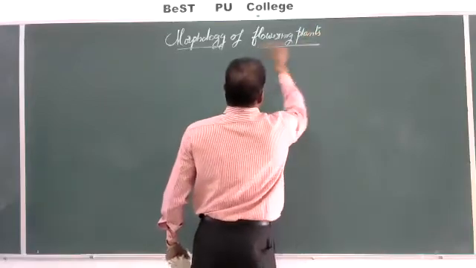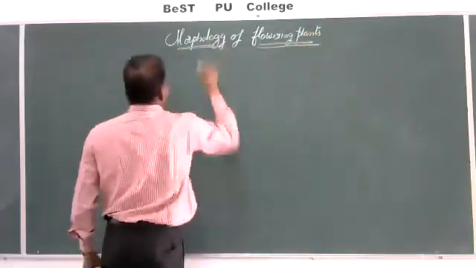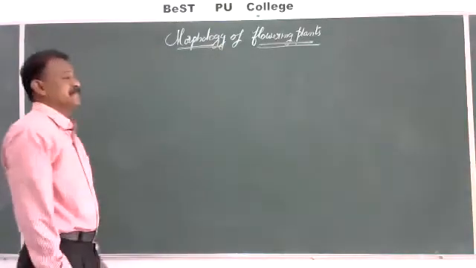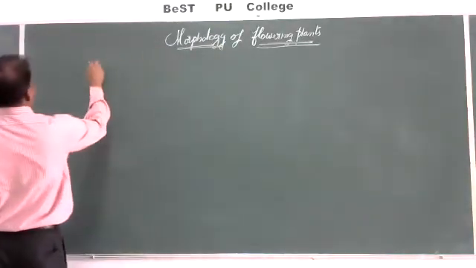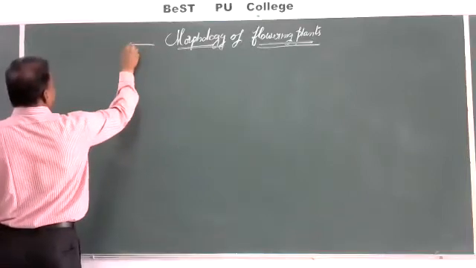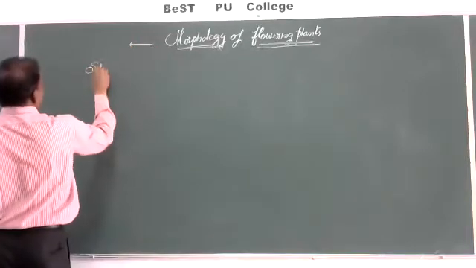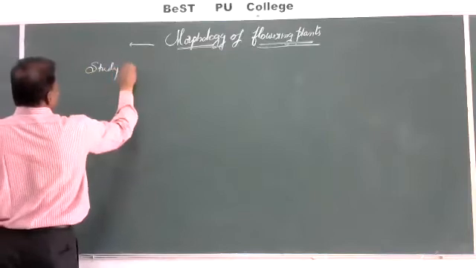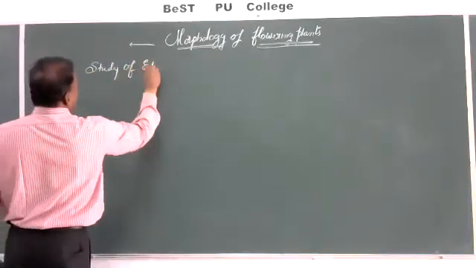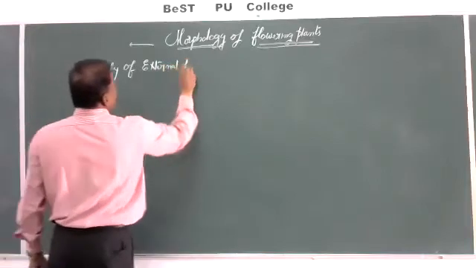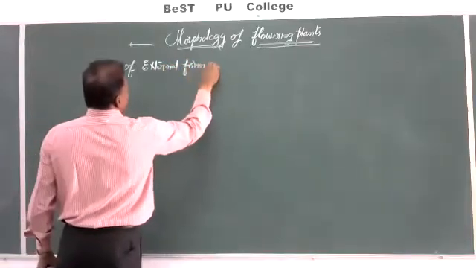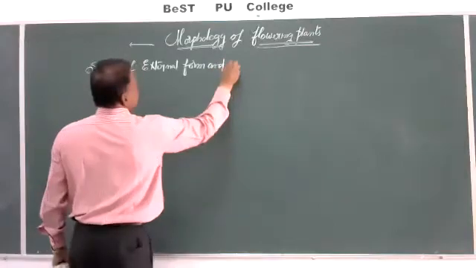So here, morphology means, as we have seen yesterday, the study of form. What is the study of form? External form. Morphology: study of external form and features.